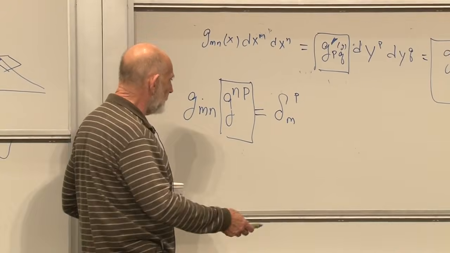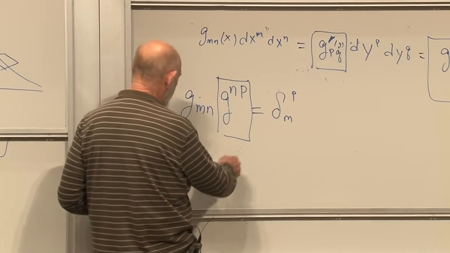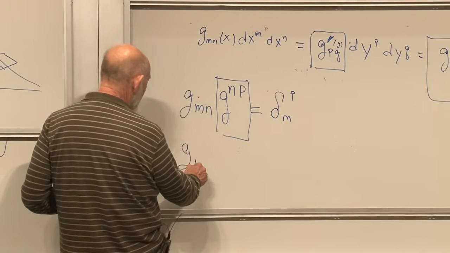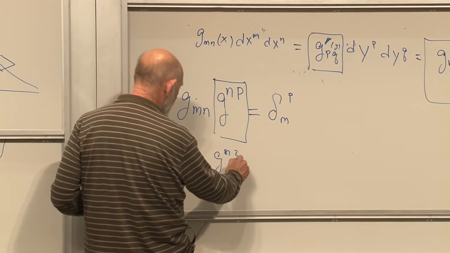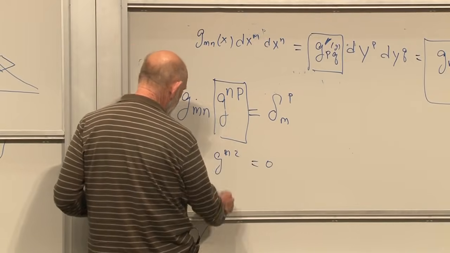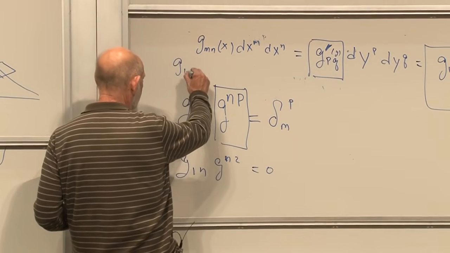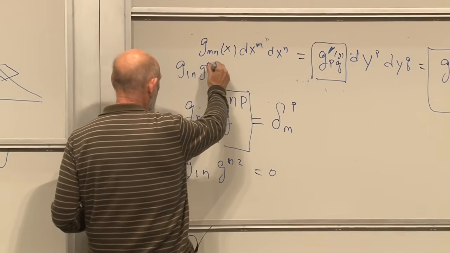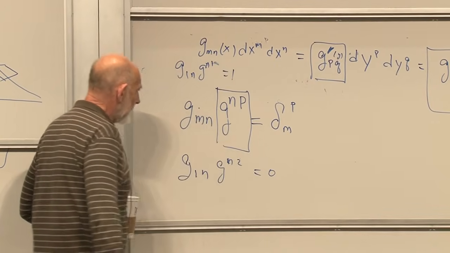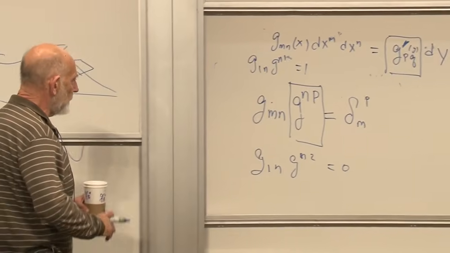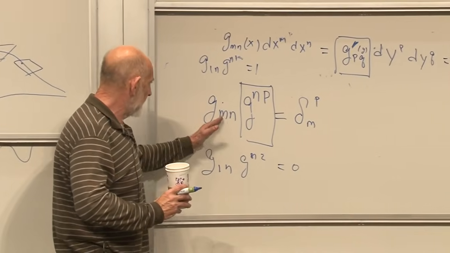The equation makes sense for every m and p. For example, it says g_1n g^n2 is equal to 0. It says g_1n g^n1 equals 1. So there's an equation for each m and p.